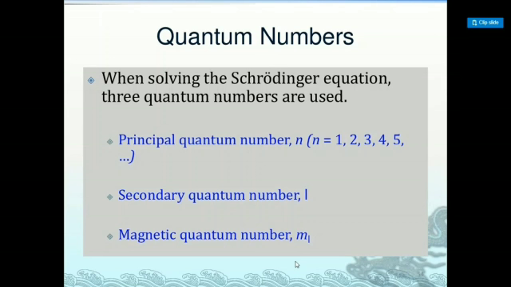So there are two values of l, 0 and 1: 0 for s subshell and 1 for p subshell. If n is equal to 3, then there are 3 subshells, 0, 1 and 2: 0 for s, 1 for p and 2 for d.